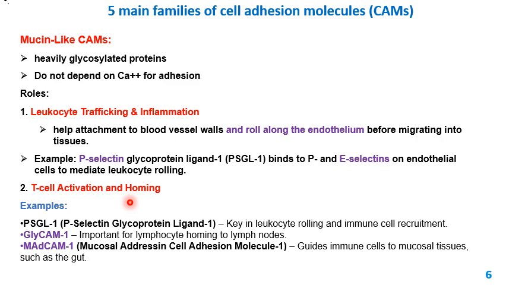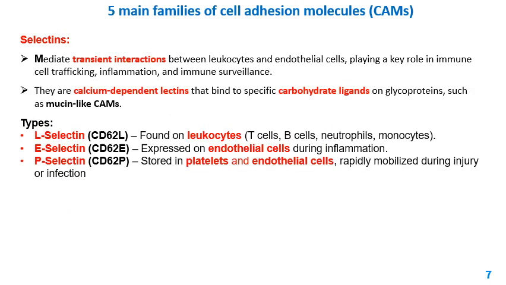Right. Now, the homing part is what we're going to see next; that was for the last class, but it is going to be more explained now. The homing part has to do with interaction of those lymphocytes with specific places where they have to go. Okay, so keep in mind, this is going to be like a zip code that those cells are going to get. Okay. All right. And then you have your selectins.